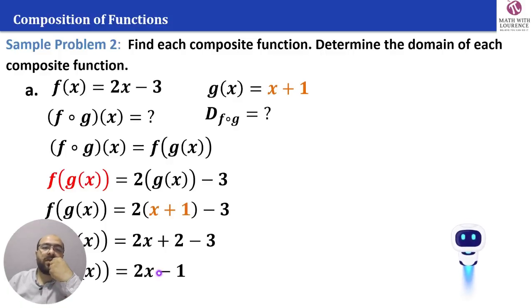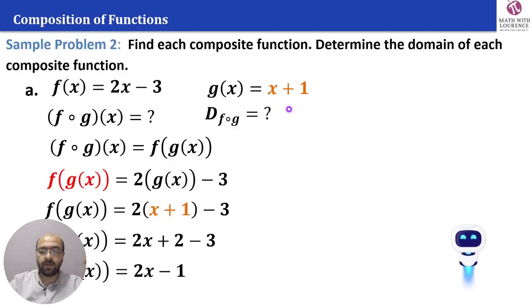Mister, you didn't find the domain. Okay, look. The first one, f of x, is first degree. First degree means from negative infinity until positive infinity, all of R. It's okay for x if you substitute it. And g of x is also all of R, from negative infinity until positive infinity. This is R and this is R. If I combine R and R, what will I get?